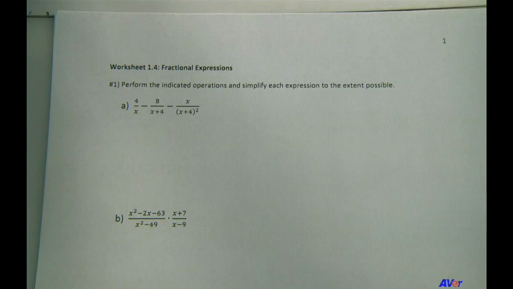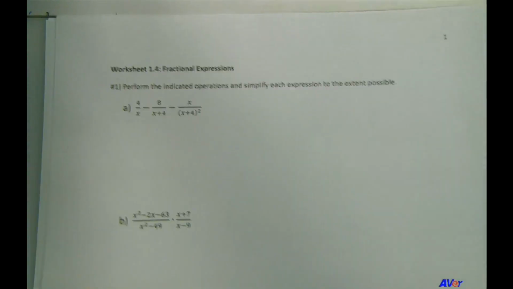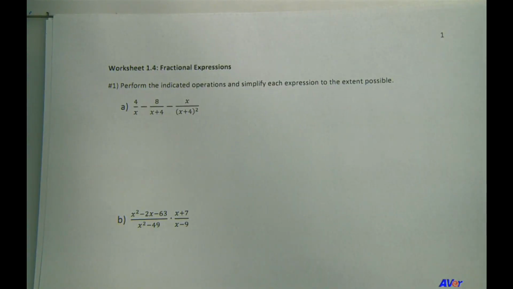Hello again, everyone. Welcome to our discussion of section 1.4, where we will talk about fractional expressions and what we can do to simplify them. We will also talk about domain and rationalizing the denominator of rational expressions.